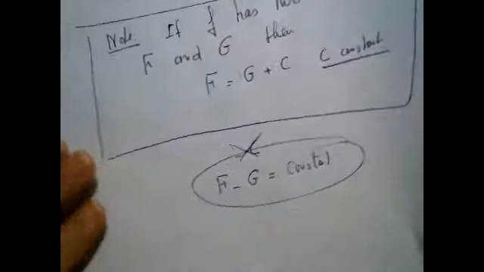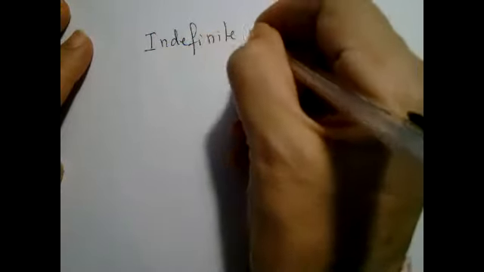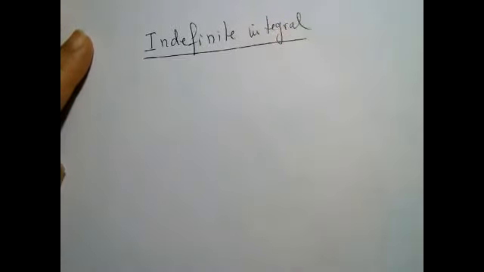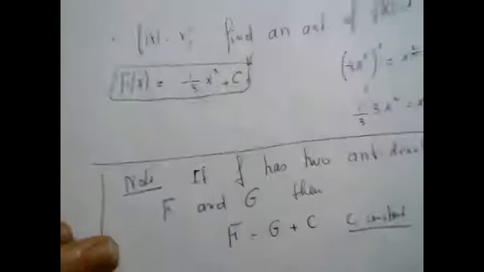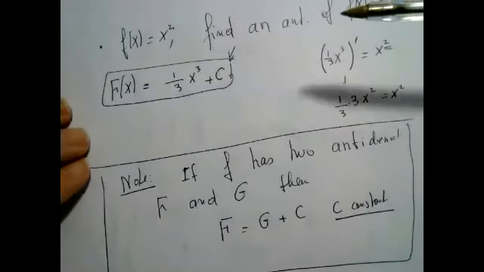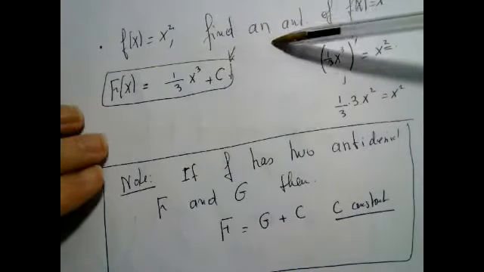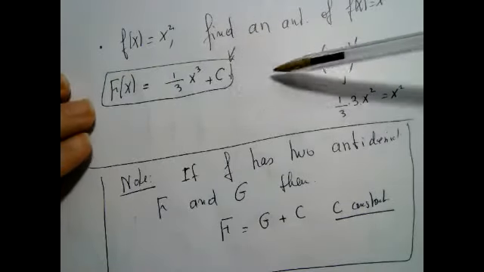All right. So before we start finding them, I have to introduce the idea of indefinite integral. In math, we introduce symbols to represent ideas. So here we say an antiderivative of f is this.